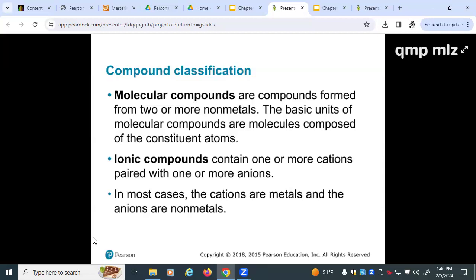In most cases, what we can look for from an atomic standpoint is a metal and a nonmetal or a series of nonmetals. That's what ionic compounds tend to look like. There's usually a metallic component and a non-metallic component. Molecular compounds, on the other hand, we usually see these when nonmetals come together.